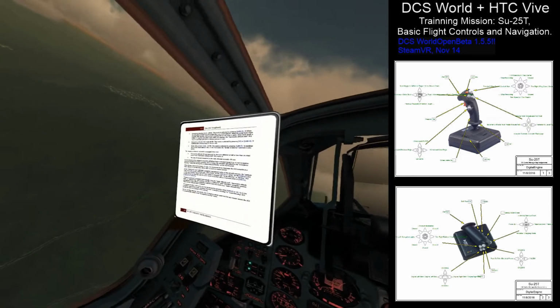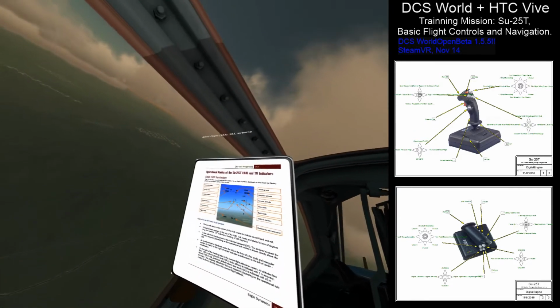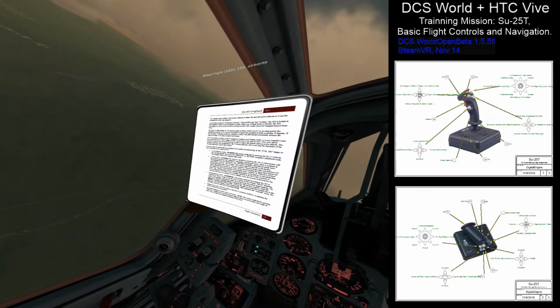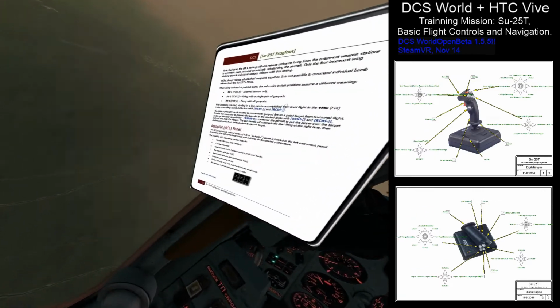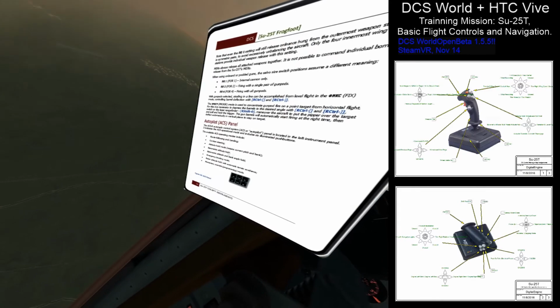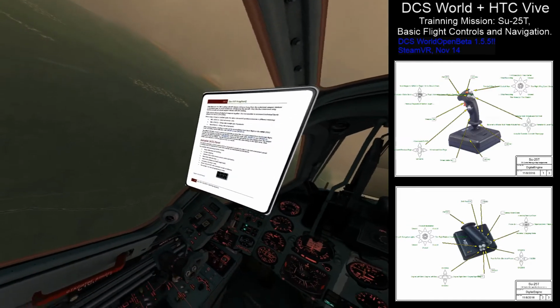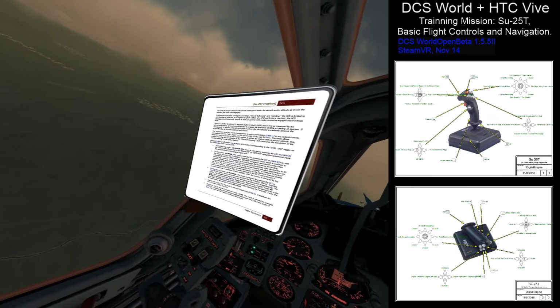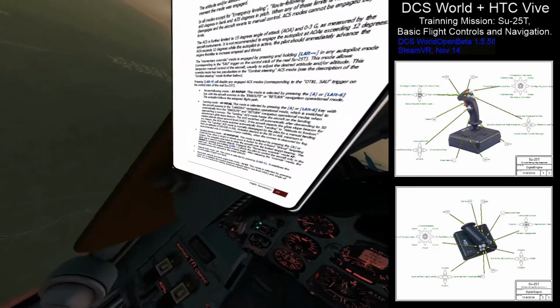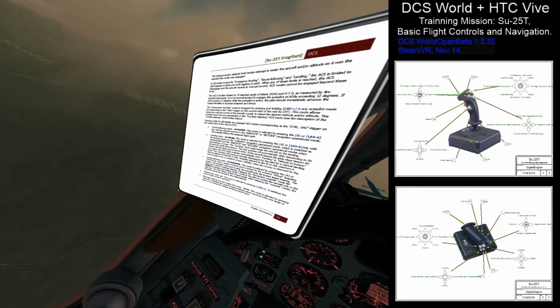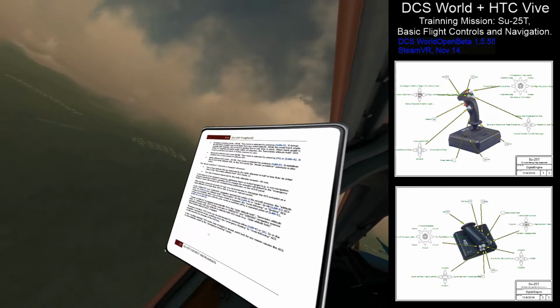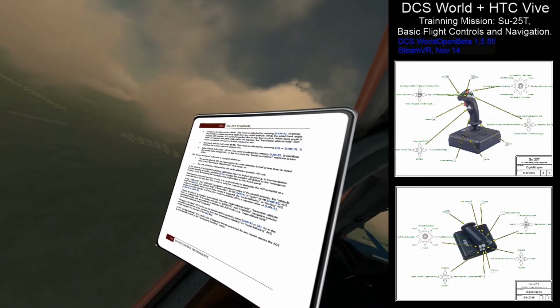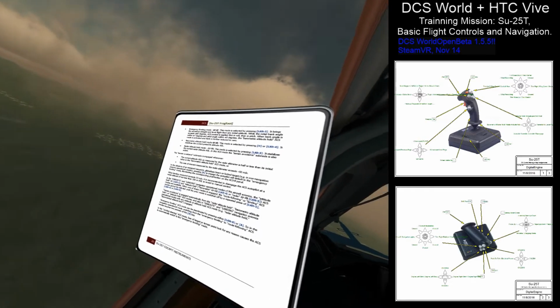So I bring this up in the ACS. Here it is, barometric altitude hold mode.